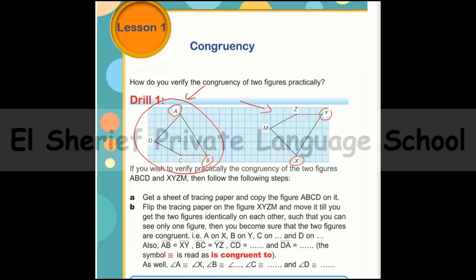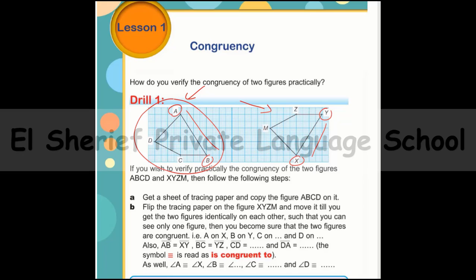What's the meaning of congruent? Congruent means the two figures are the same. We have corresponding sides, like side AB and the corresponding side XY. These two sides are equal in length, so we can say AB is congruent to XY.